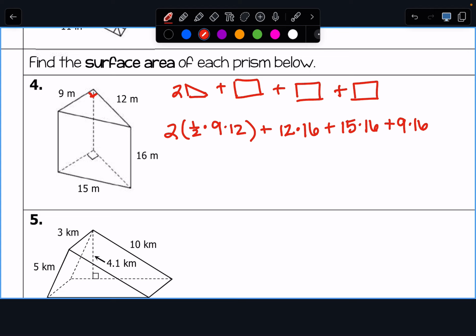Okay. Calculate away. I like to see where your numbers are coming from.